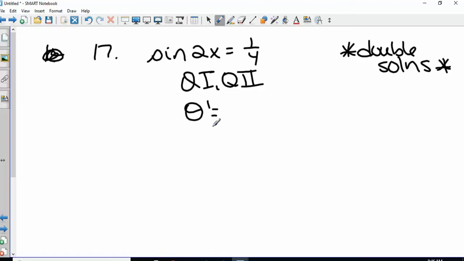Reference angle, do we know when sine is 1/4? No, so we have to use our calculator. And we are in radians, so switch your mode into radians. Then we need to do sine inverse of 1/4. We get 0.253.